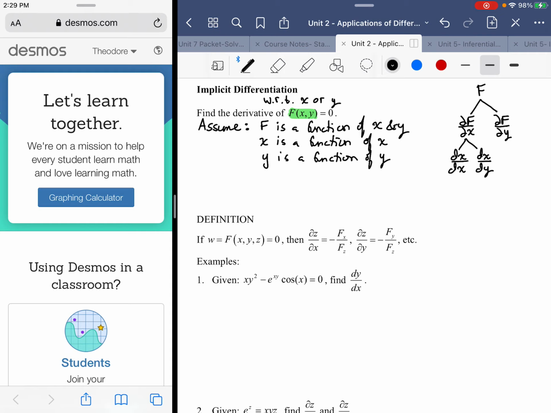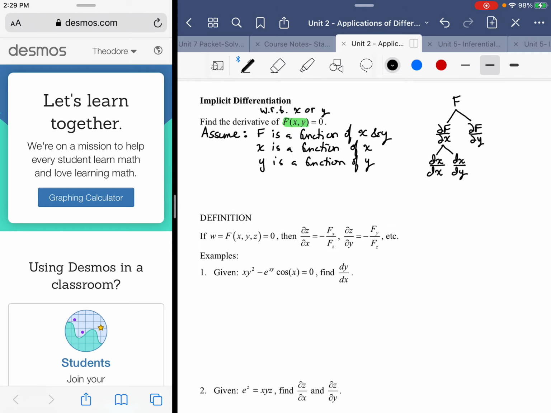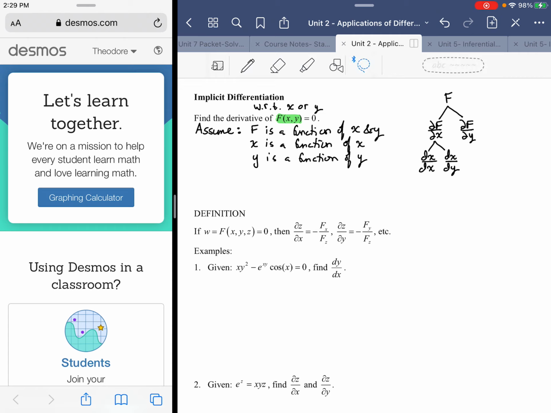I could take the derivative of the x function with respect to the variable x, or with respect to y. Same or similar idea when it comes to the partial with respect to y: I could take the derivative of the y function with respect to x, or with respect to y.